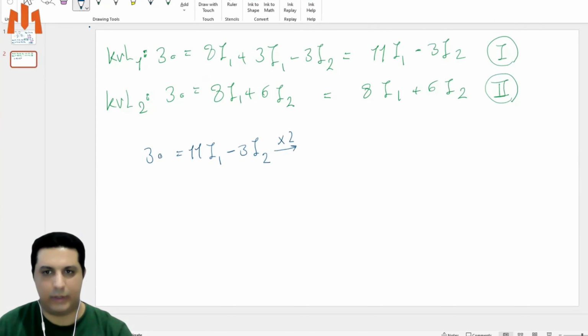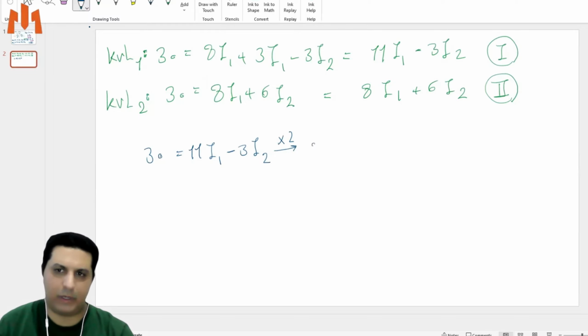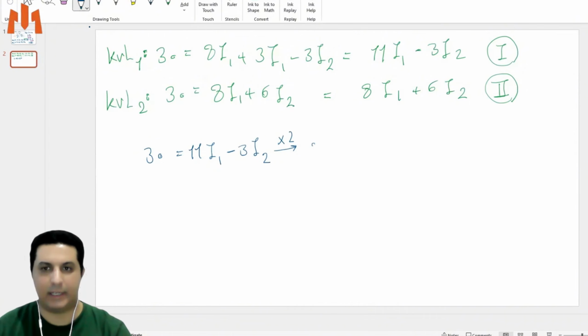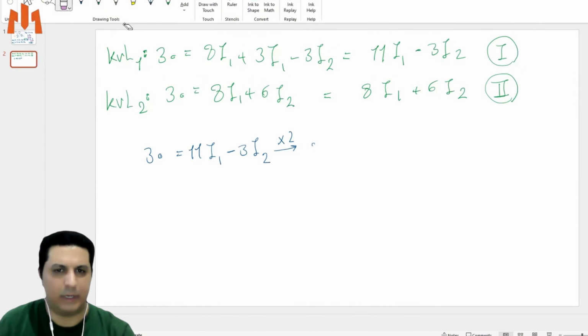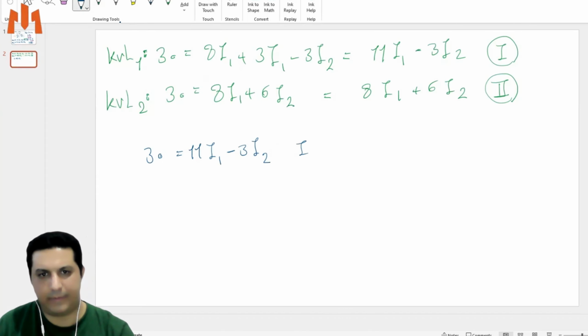If I multiply this by 2, or it doesn't matter, we can, for example, divide the second equation by 2. Both of them are the same. It's better to do the second part. This is the first equation.